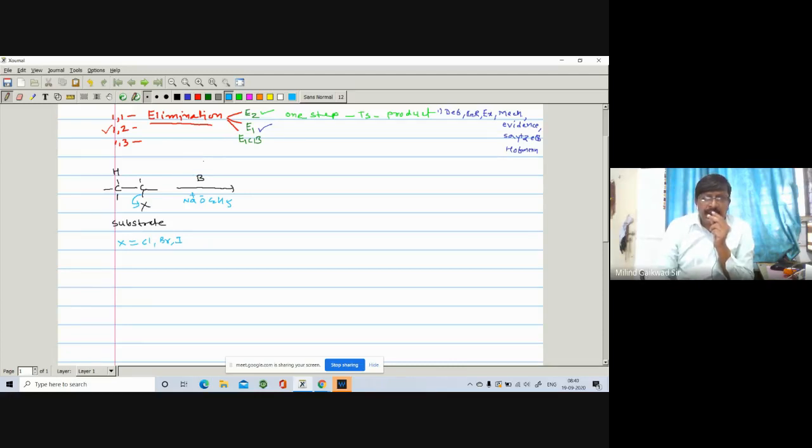In the E1 mechanism, the halogen atom is directly attached to a carbon. That carbon is called the alpha carbon, and this carbon is the beta carbon.